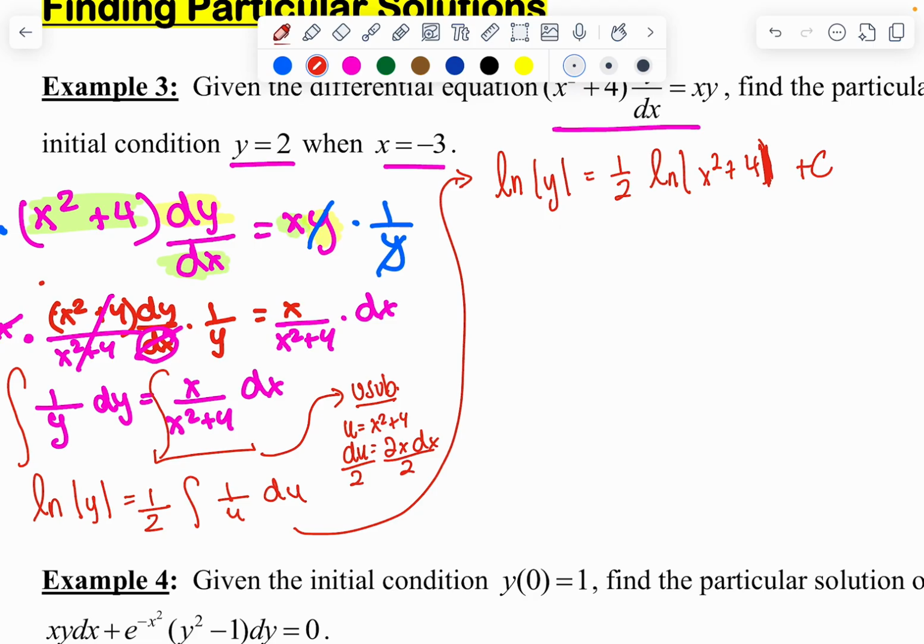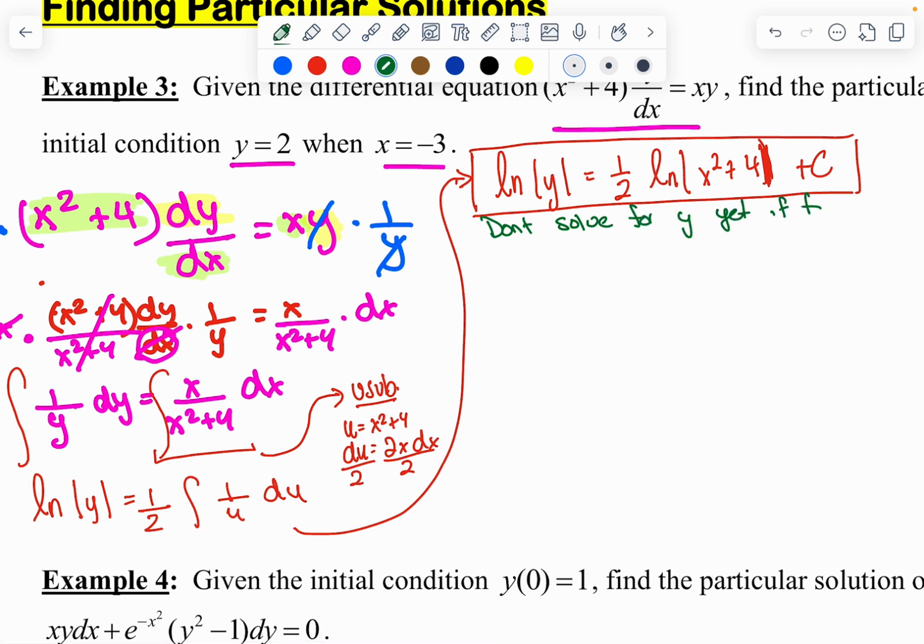Now this right here, when you're finding the particular solution, you don't have to solve for y right off the bat. I'm going to leave this as is, and then I'm going to solve for c right here. So this is the part that I'm going to say don't solve for y yet if finding the particular.